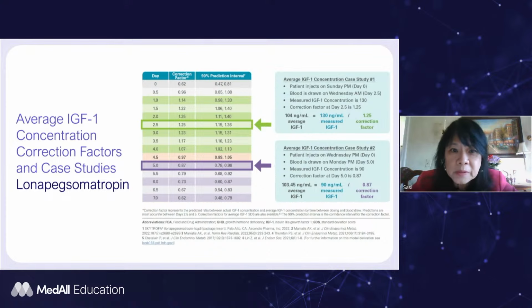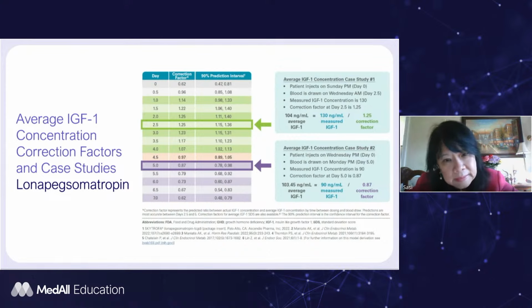So for example, if you draw IGF-1 on day 2.5 and the level is 130, then you have to divide by the correction factor of 1.25, then the average IGF-1 is 104.